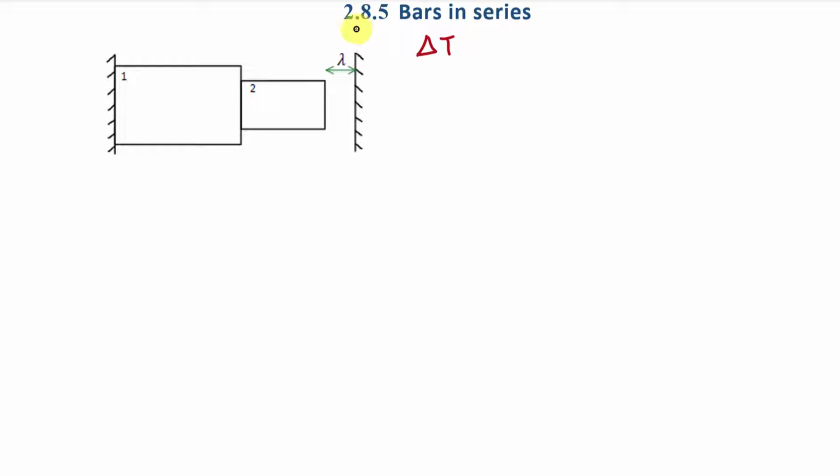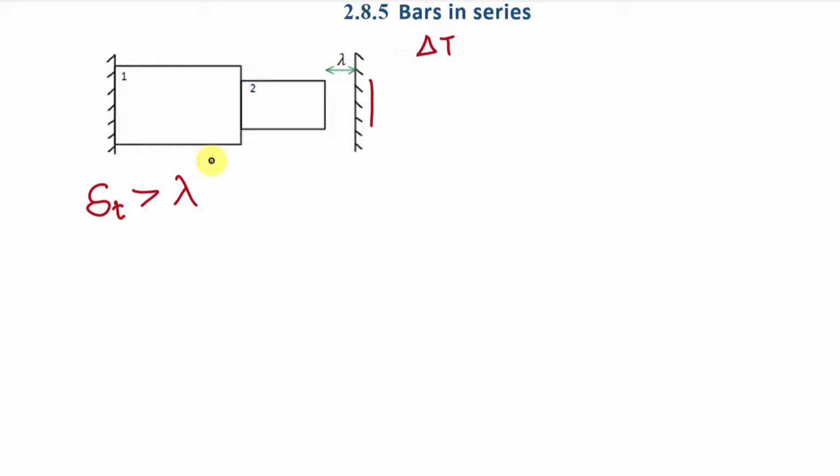In case 1, let's say the total change in length of both the bars due to this temperature difference is greater than lambda, means this surface is exceeding this restriction, means this surface will move to this point if there is no restriction here.